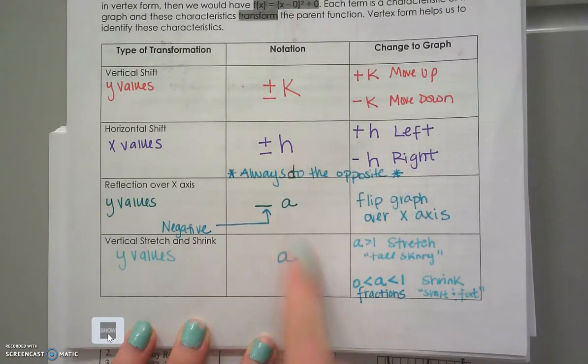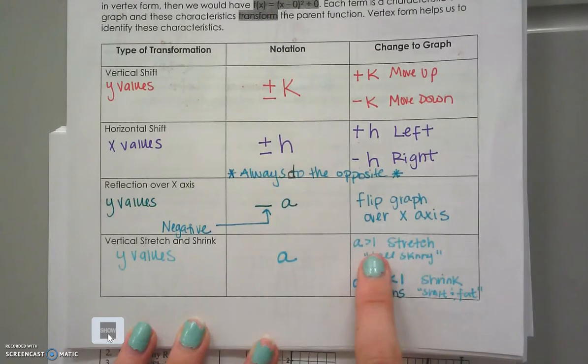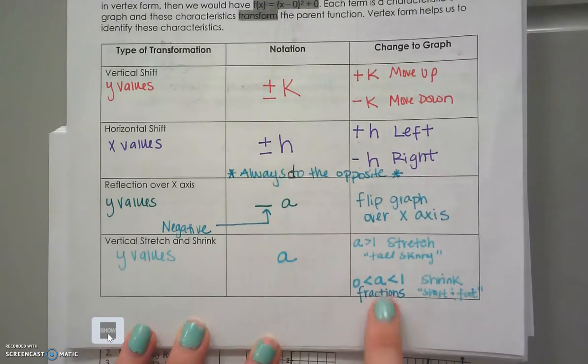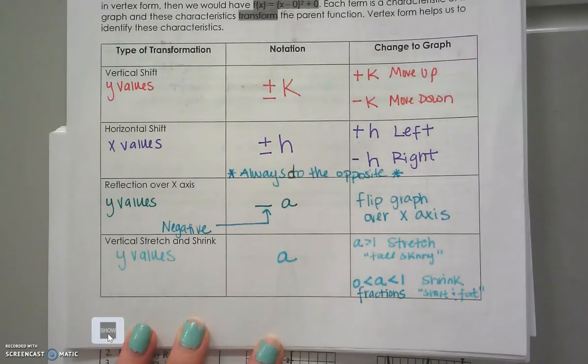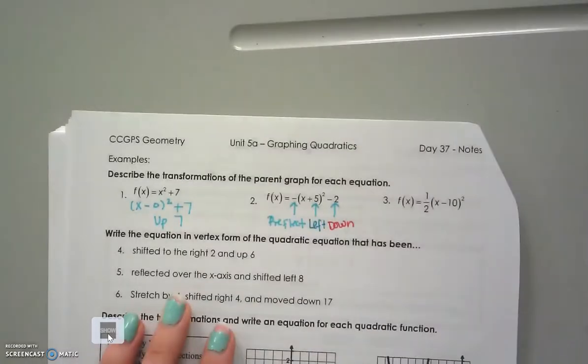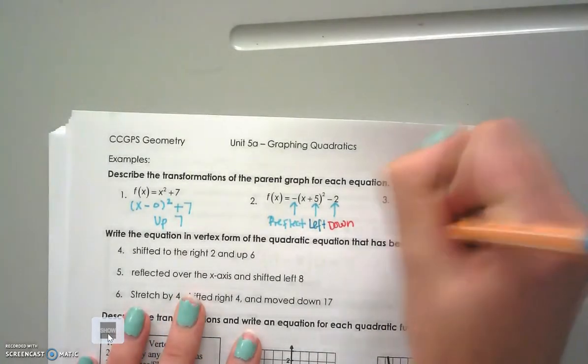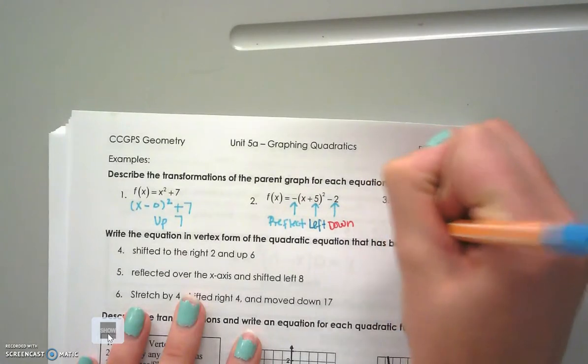This a value tells me if I have a stretch or a shrink. If a is bigger than 1, I'm going to get something really tall and skinny. That's a stretch. If a is a fraction, which means a is bigger than 0 but smaller than 1, I have a shrink. So if we look at this third example, 1/2 is smaller than 1. This is a shrink.